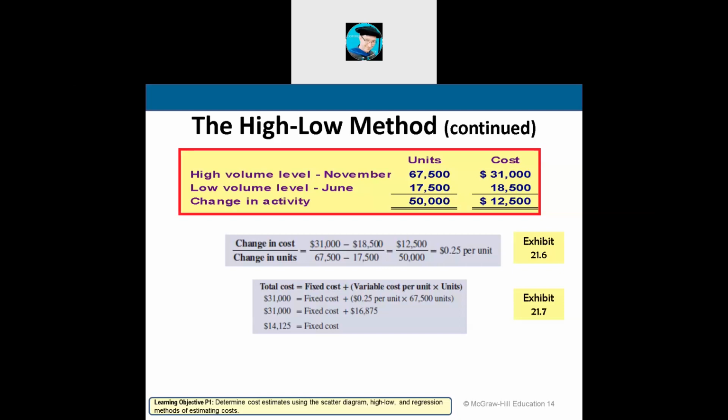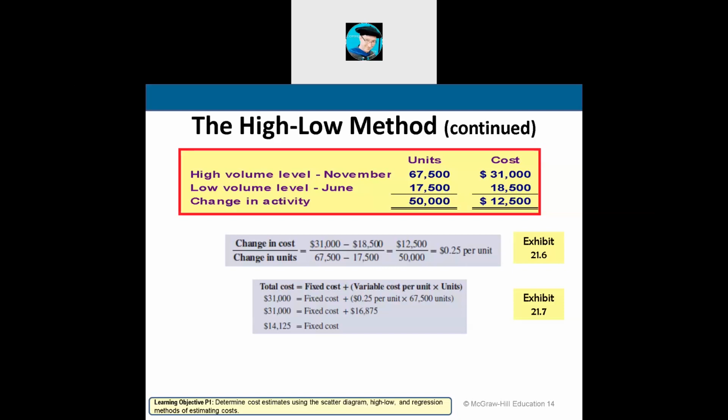So total cost, as you know, is fixed plus variable cost. The variable cost is $16,875. Why? 25 cents per unit times the 67,500 units at the high gives us 16,875. So variable cost per unit times number of units, plus the fixed cost. We don't know the fixed cost, so you flip the sign.